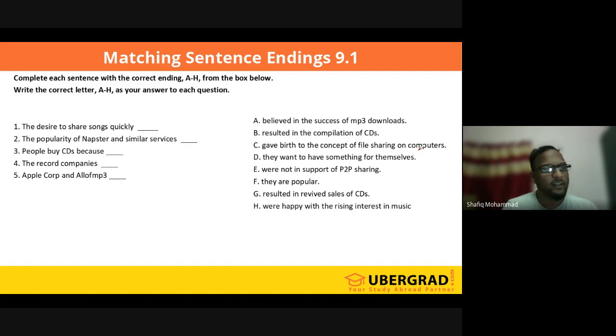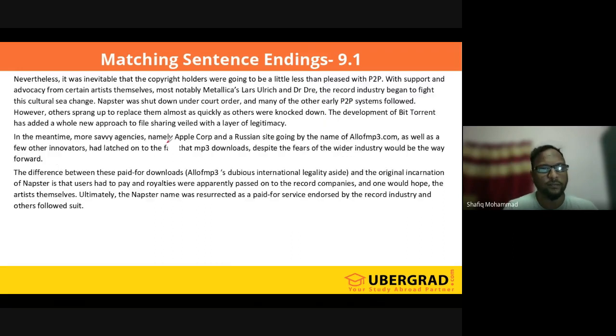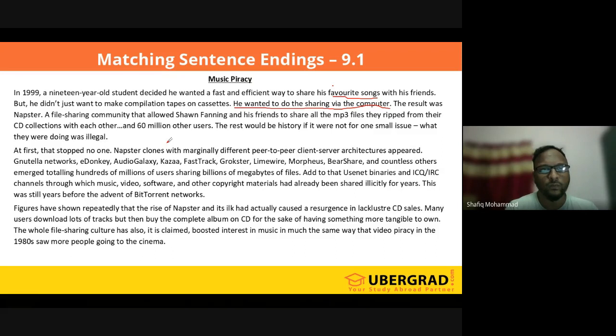Okay. Then the second one. The popularity of Napster and similar services. So where is the popularity of Napster? Let's see. Yeah, actually we got Napster here.